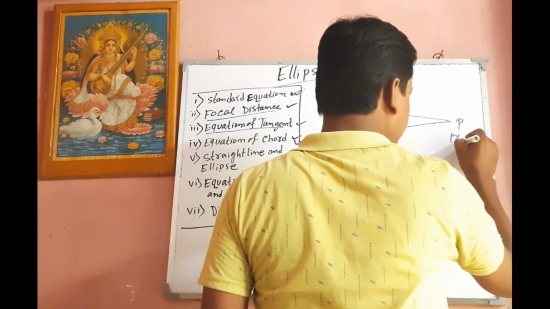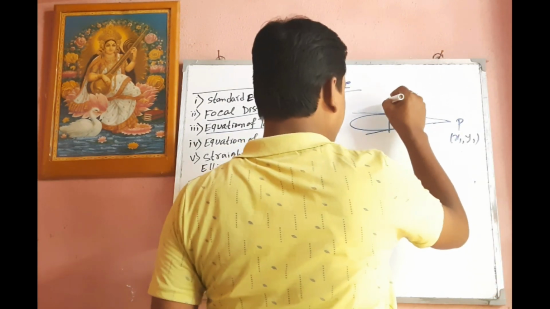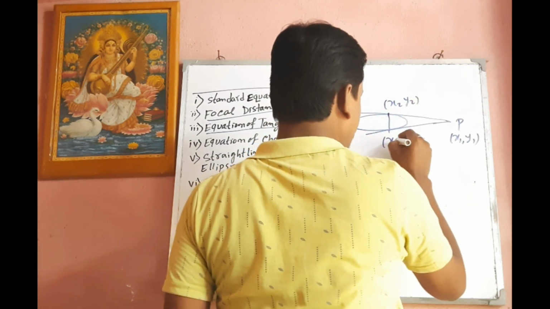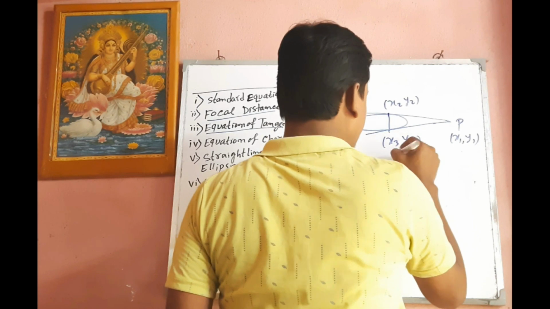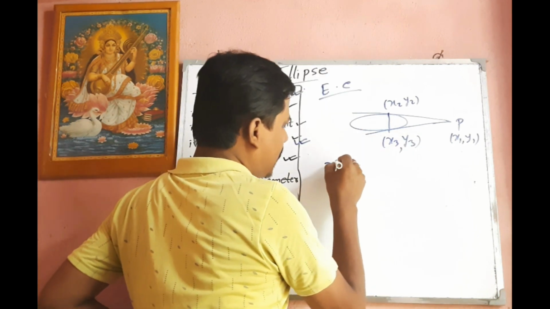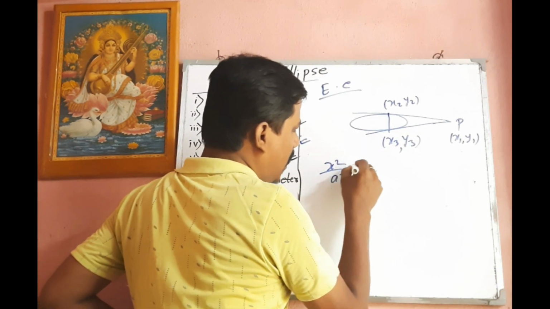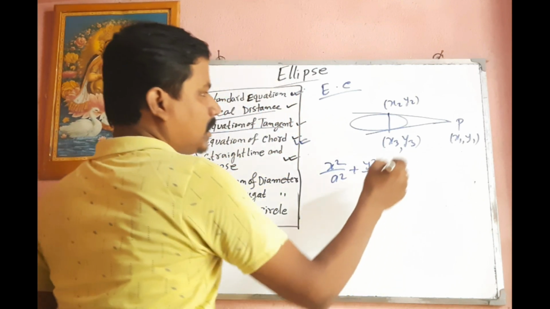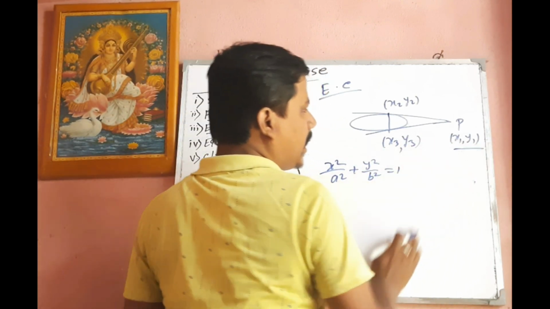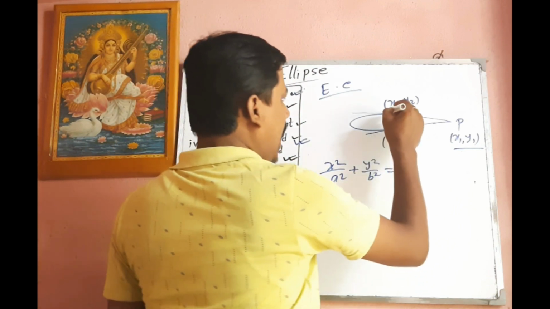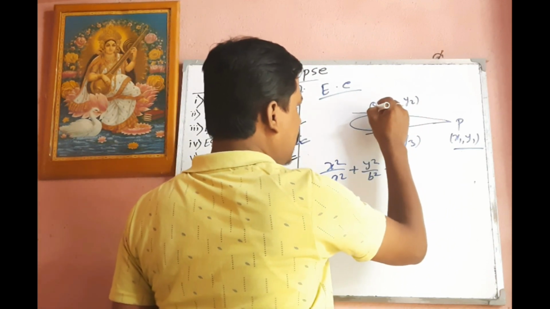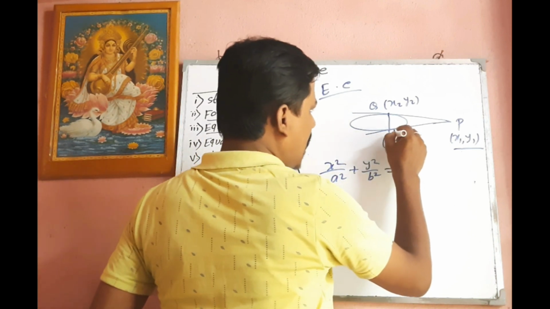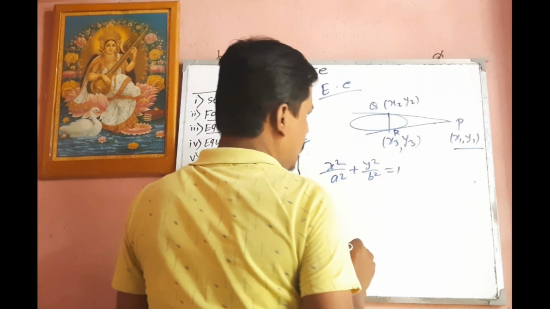x1, y1, x2, y2, x3, y3. For the standard equation, x square by a square plus y square by b square is equal to 1, the external point is P (x1, y1), and this is the Q point on the ellipse, and this is the R point on the ellipse.